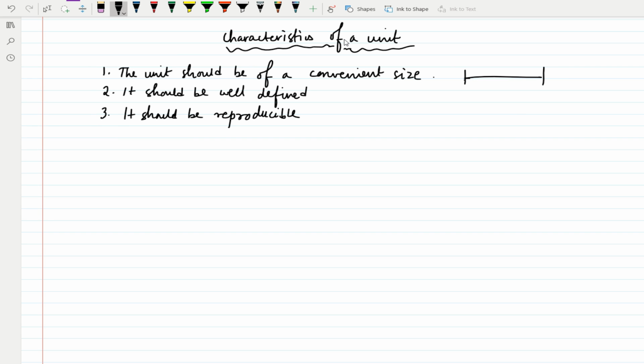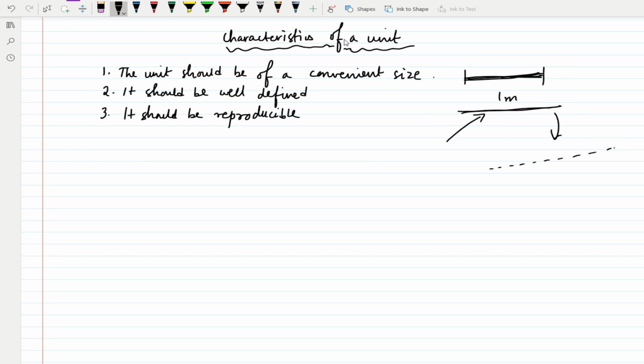Suppose someone goes to Paris, some manufacturer measures how much is this length, and then he comes back and he can make instruments based on this particular length. So it is reproducible. He is able to replicate that particular length.